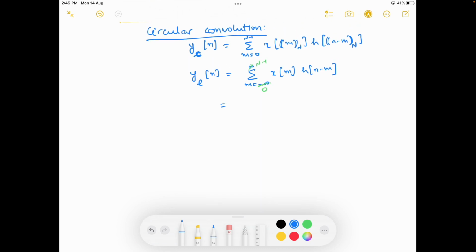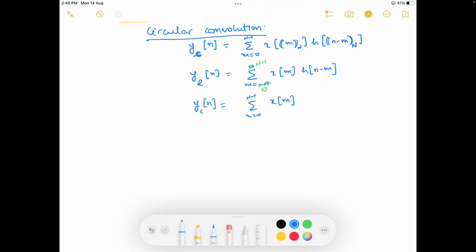Let's see my YC of n. It is this thing. I can write it as summation m equal to 0 to N minus 1 x of m. Because m is anyway lying between 0 to N minus 1, there is no point of writing the modulo thing. But h of n minus m, when I change the value of n, it will move outside the window. So something else will enter from the other part of the window.